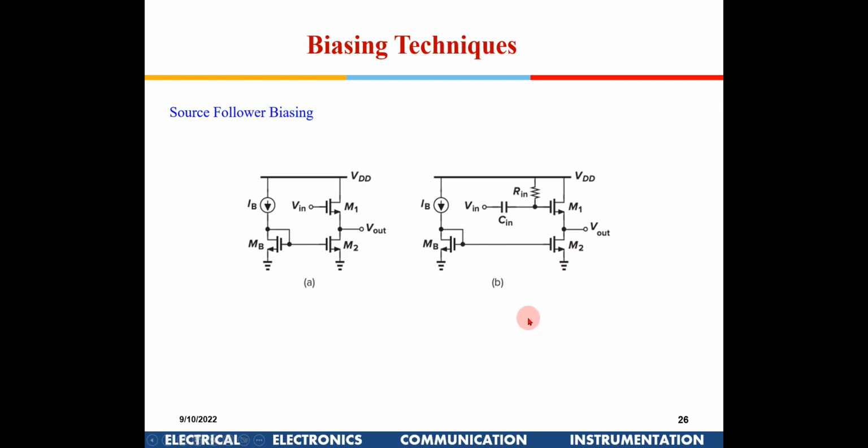Sir, how are you providing the biasing voltage for M1? See, the current is restricted by M2. So this is a constant current source, but this voltage has to be more than VOV plus VT. By putting a resistance out here, I can get the required voltage. Then the gate voltage is directly at VDD?